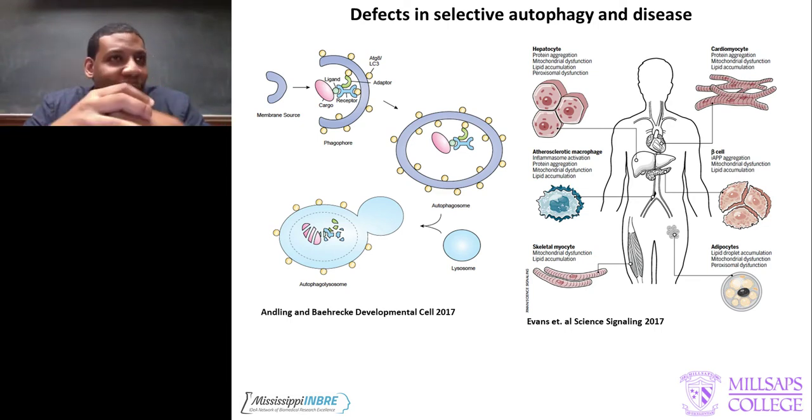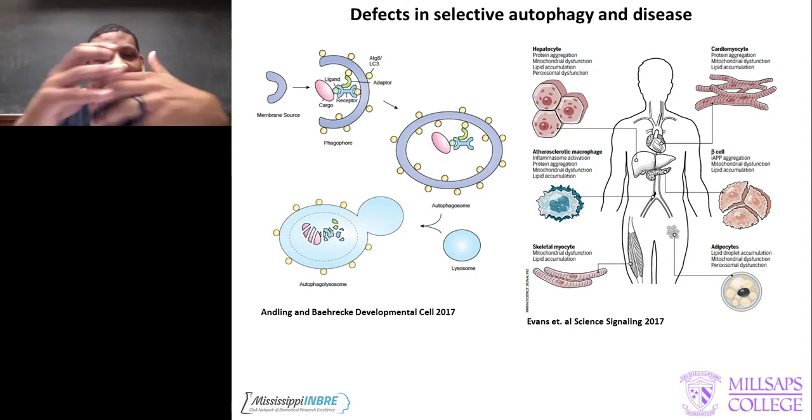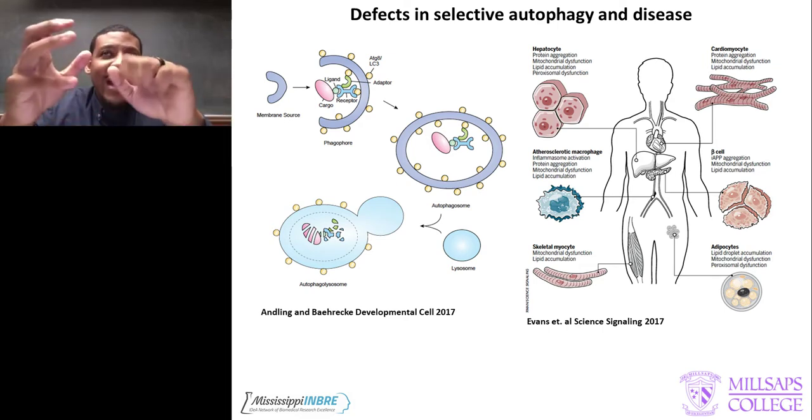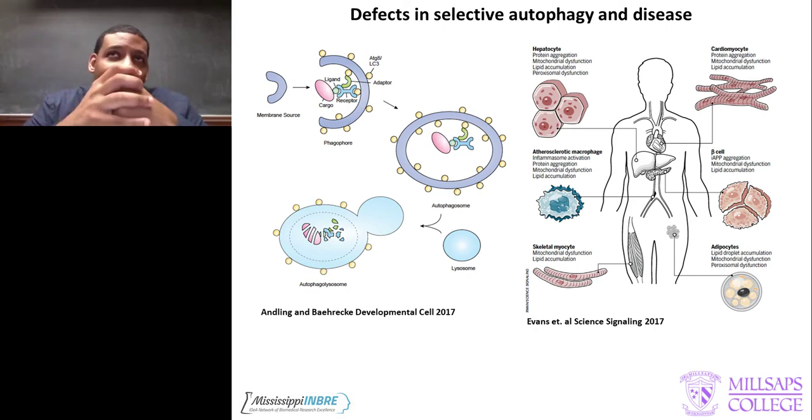There are great examples of this as it relates to the degradation of damaged mitochondria, expressing receptors that get engulfed by the autophagosome. And so this autophagy of specific targets is called selective autophagy.